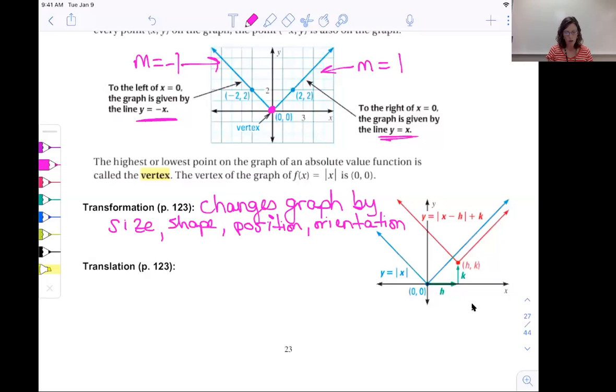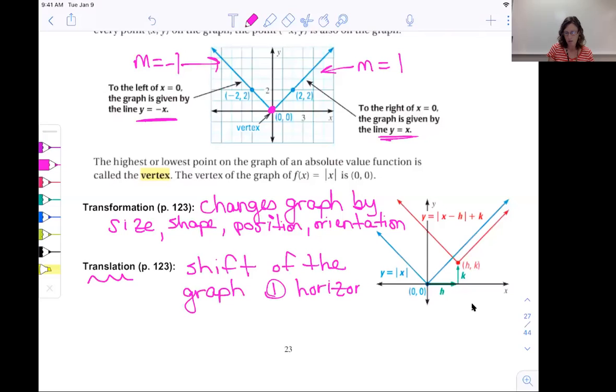The one that we are going to look at is called a translation. And this is a shift of the position. It shifts the graph horizontally or vertically.